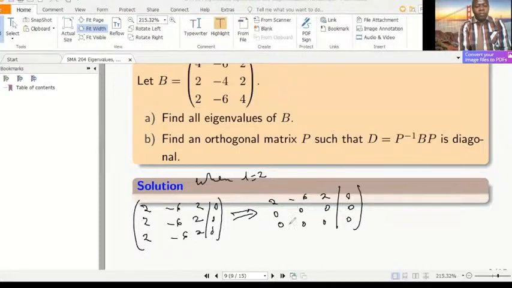From here, what we now see is x minus 6y plus z. x, y, and z are free variables. So let y be a and let z be b. So that x would be 3a.